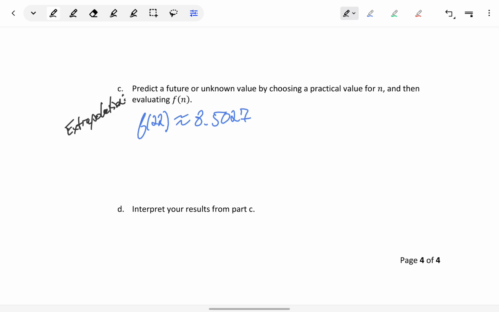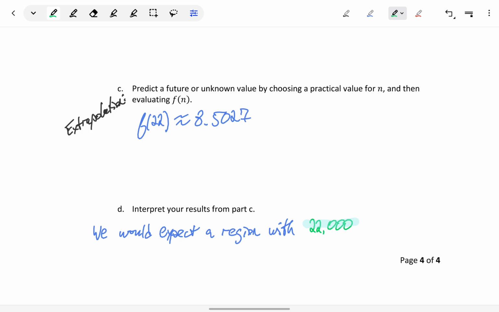And then we want to interpret those values that we came up with in part C. So this means that we would expect a region with, we plugged in 22, but keep in mind that converts to 22,000.